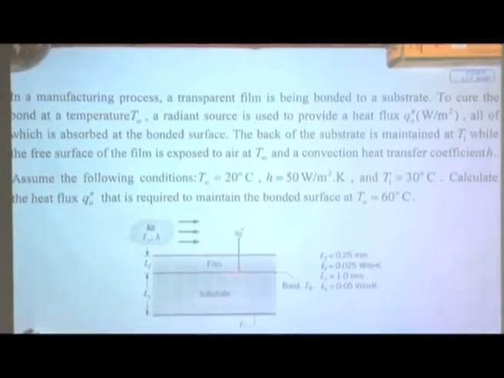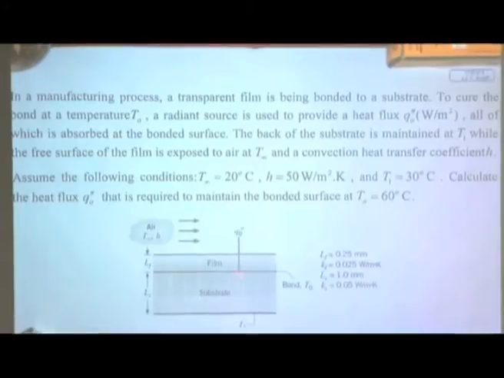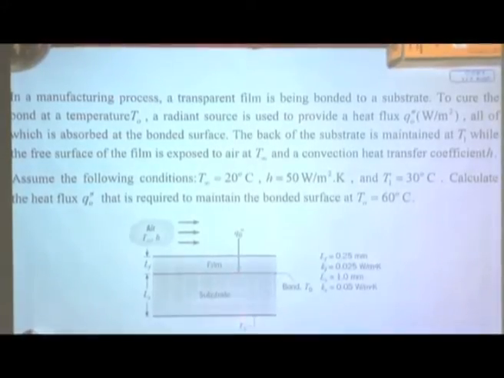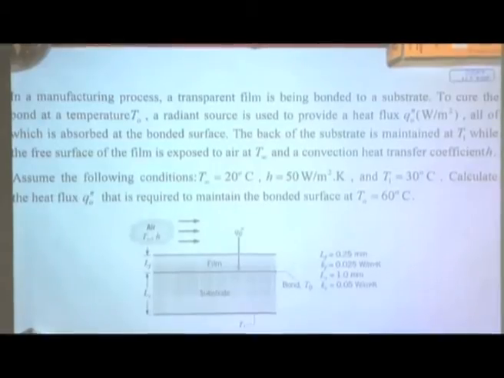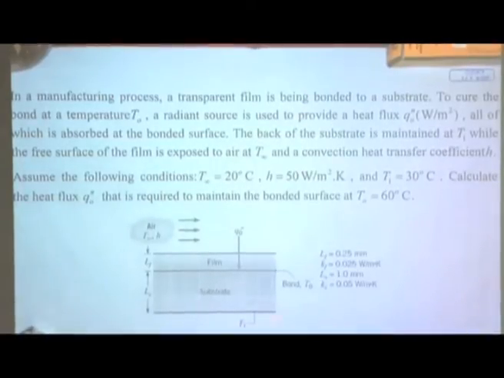And a part of the heat will go to the substrate by conduction. Convection has not to be taken into account because the temperature boundary condition has been given, which means that by taking into account convection heat transfer, the temperature is fixed.